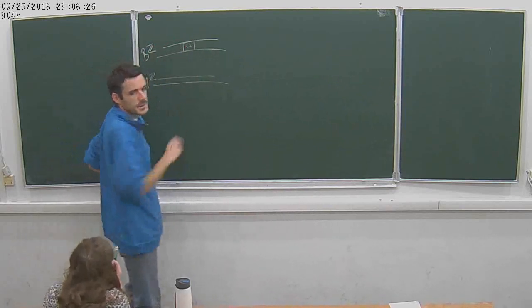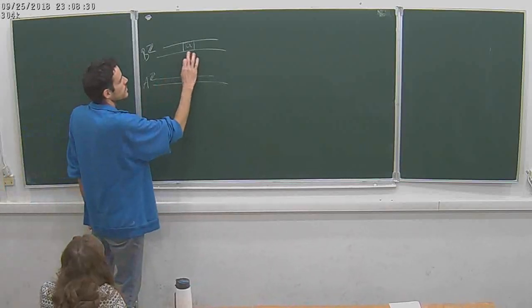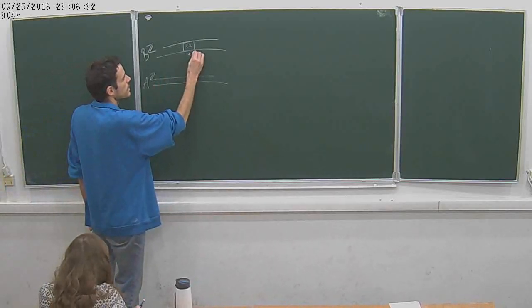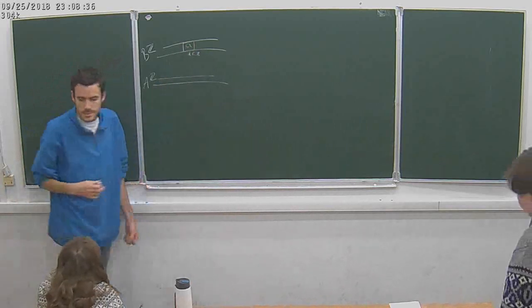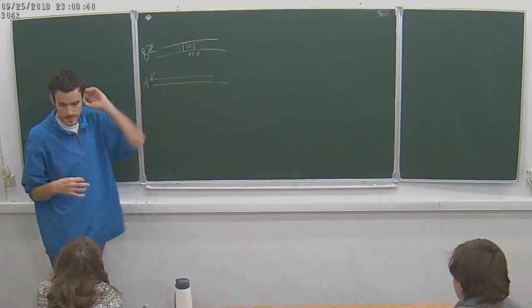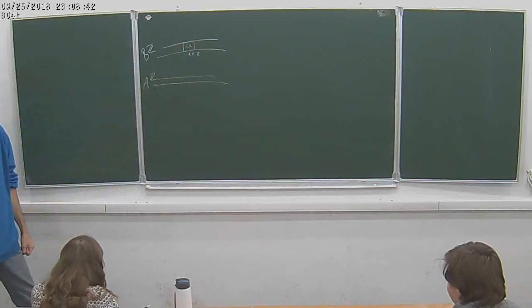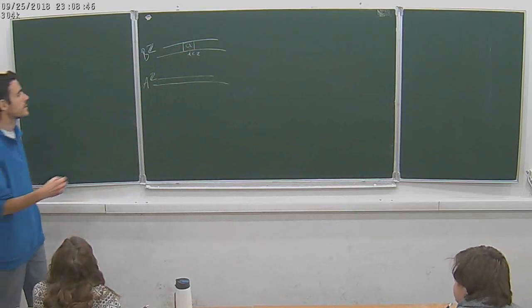If I see a letter here at cell, maybe cell i, all the configurations that have this letter form a cylinder. They form an open set, so the pre-image should be an open set.